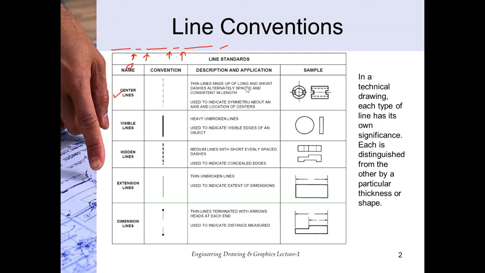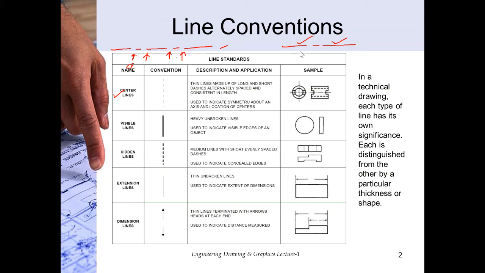The lines are made up of long and short dashes, alternately spaced and consistent in length, used to indicate symmetry about an axis and the locations of centers. The important thing about the center line is that it always starts and ends with a long dash, and it's not a continuous line.